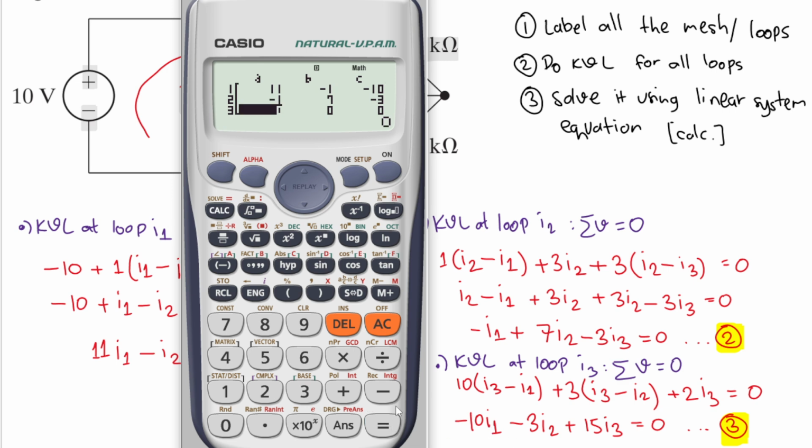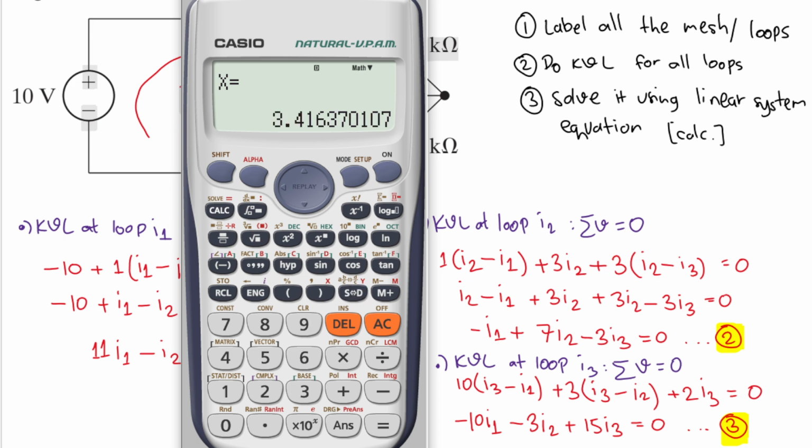Okay, so for this one here, we will have minus 10 as the coefficient of I1, and then minus 3 as the coefficient of I2, and then 15 as the coefficient of I3. And then the linear term will be 0, and we will get the x value, which is the value of I1.